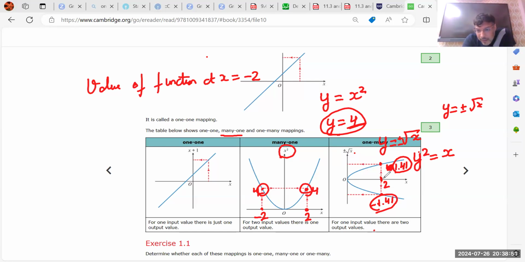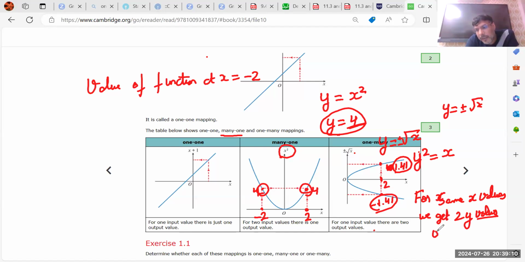So for the same x value, we get two y values. Do we get or not? This type of mapping is called one-many mapping. And if it is a one-many mapping, then it is not a function anymore. I repeat, if it is a one-many mapping, then it is not a function.